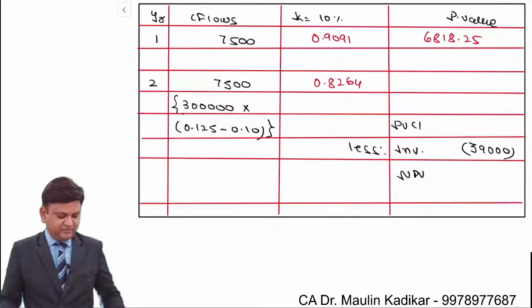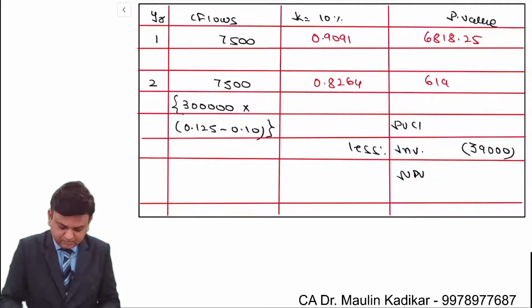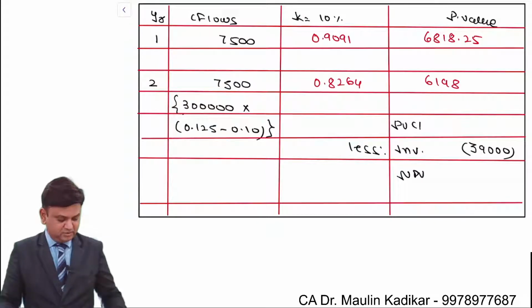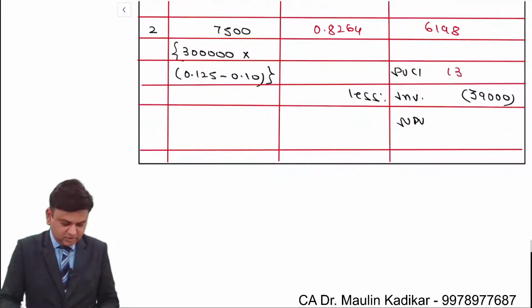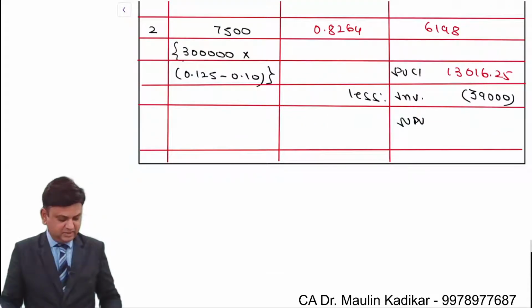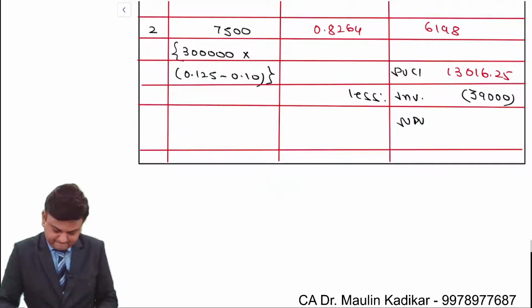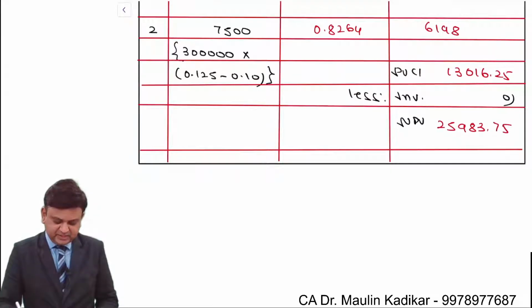For the second year, it is 7,500 into 0.8264, that is 6,198. So we add both of them, it comes to 13,016.25, minus investment of 39,000, so 25,983.75. And NPV is negative. Since NPV is negative, the company would be advised not to go for debt rescheduling. That is what we understand.